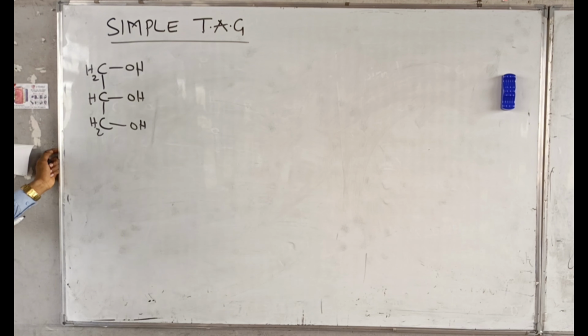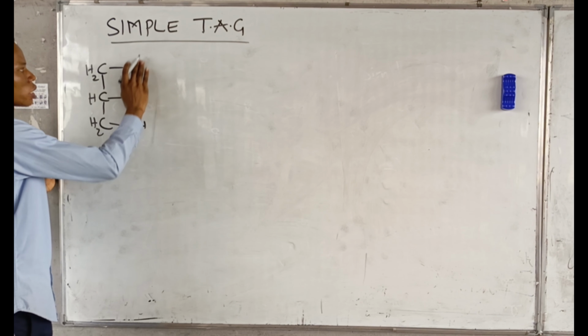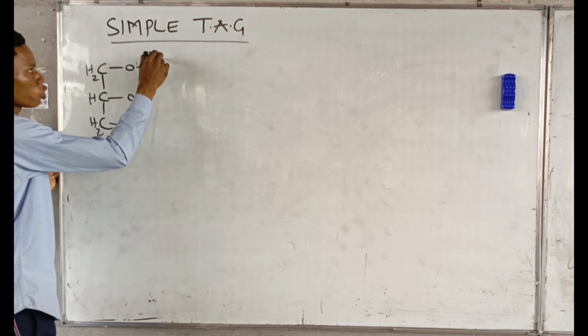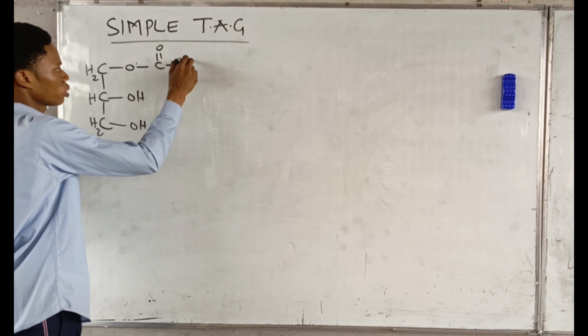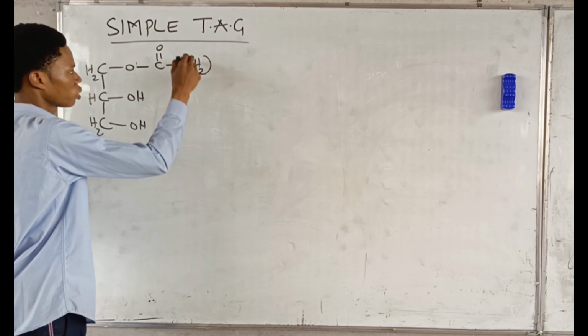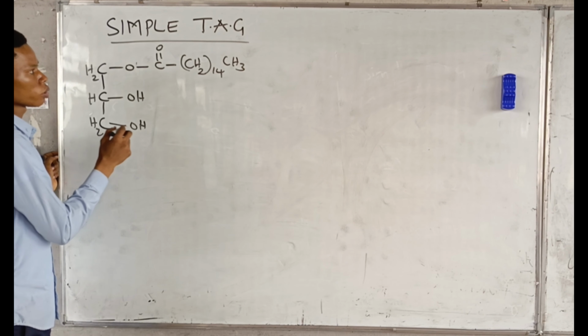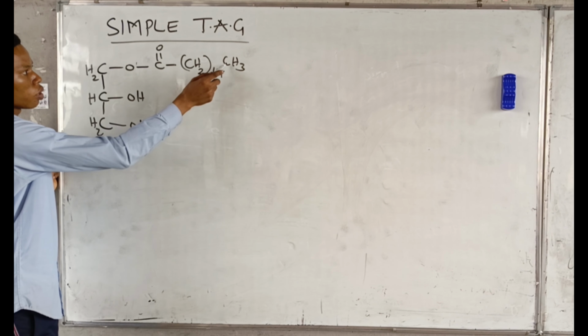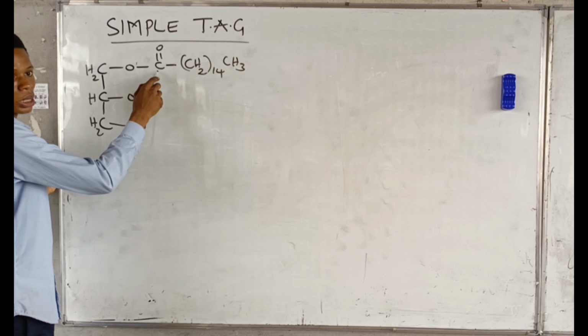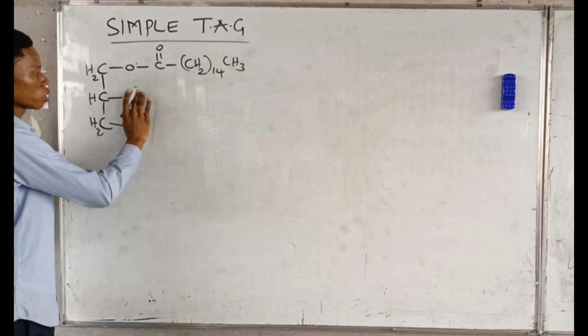this is the structure of what? Glycerol, right? Now if I esterify it, remember I've taught you how to esterify. Which fatty acid is this? 14, 15, 16. Palmitic acid, right?